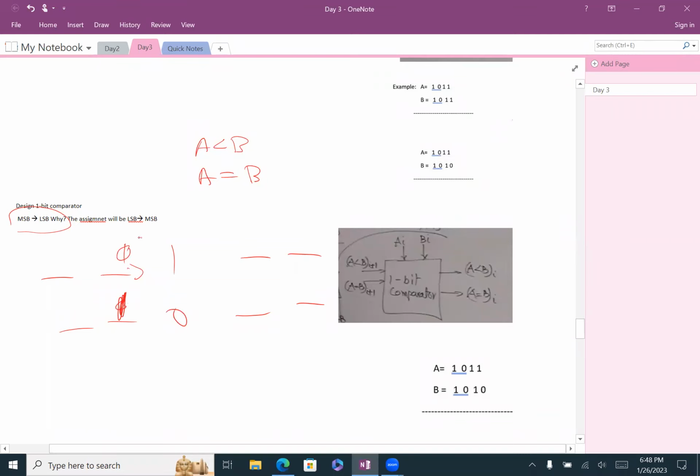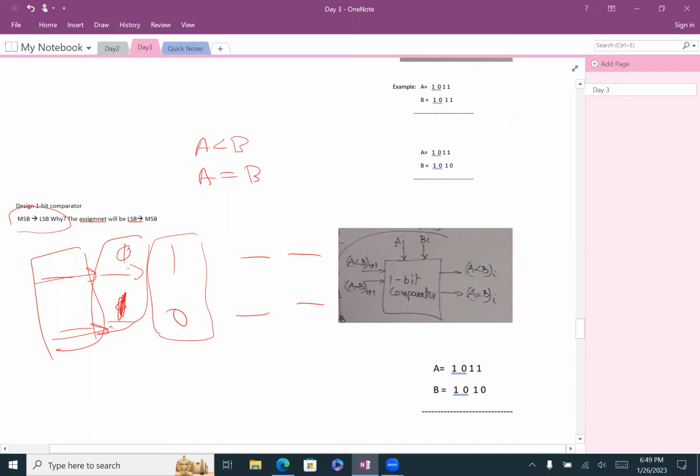This stage is not going to help me decide if it's bigger or smaller, correct? Now I have to rely on this stage because this is equal. This equal means this one equal. Because when you have the signal, when I say it's equal and this one is coming here, it's going to affect your decision. I will show you when we do the examples, we'll make it more clear.